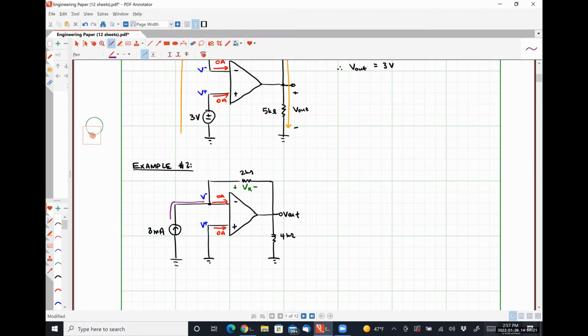And we know for sure that none of it can branch off and flow into the input terminal, which means all of it is going to flow into our 2 kilo ohm resistor. So if we know that there's 3 milliamps of current flowing into our 2 kilo ohm resistor, what's the voltage drop over it? 6 volts. Absolutely right.